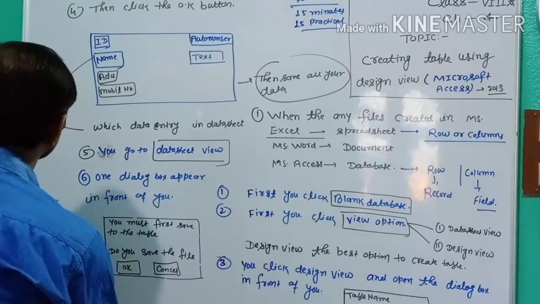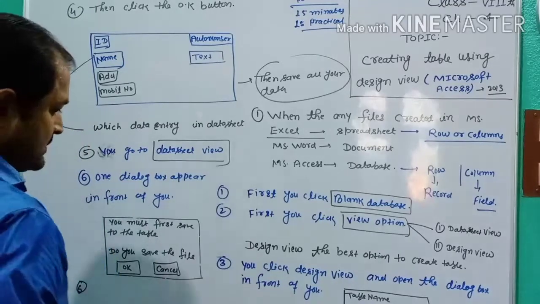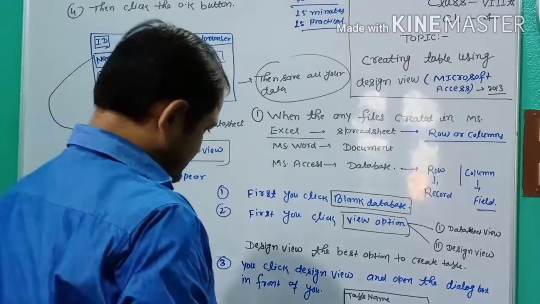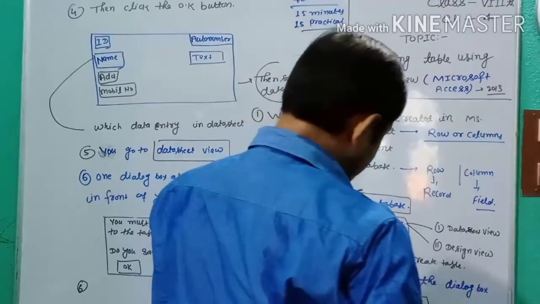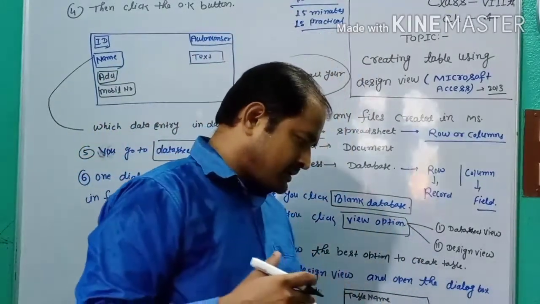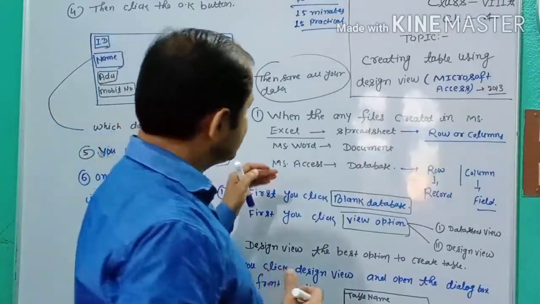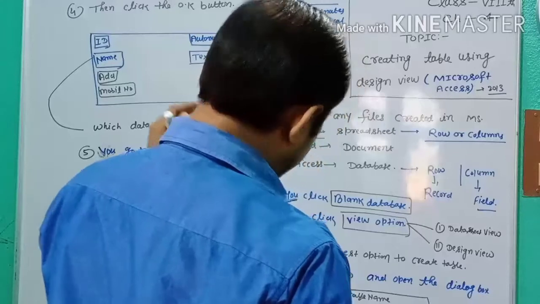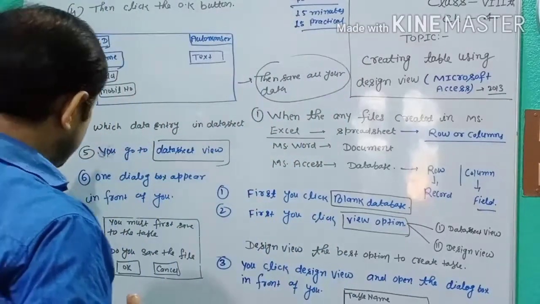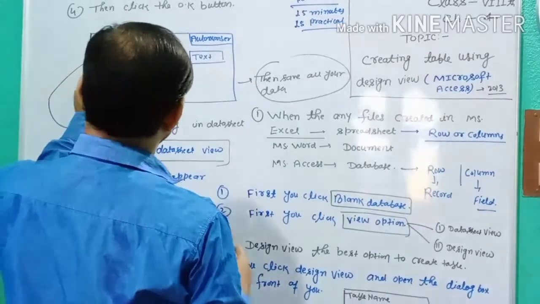Then you just enter the name. The ID is automatically generated for you. You just click the OK button and enter the name.